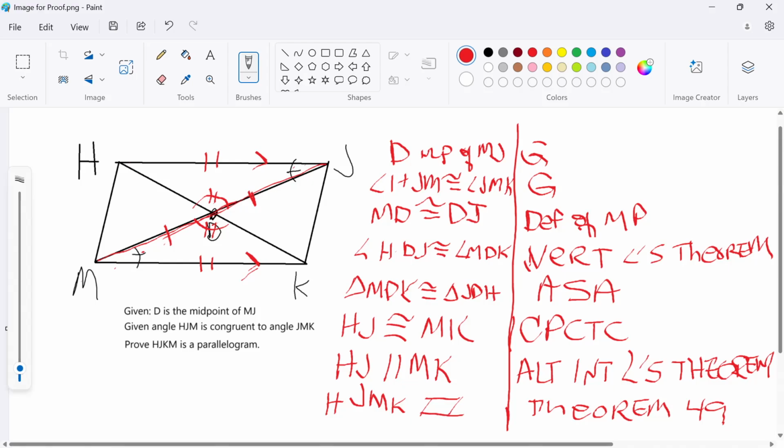And that's by Theorem 49, which states that if one pair of opposite sides is both congruent and parallel, then the quadrilateral is a parallelogram. So again, I don't know what number it is in your class, but it says if opposite sides are congruent and parallel, then it's a parallelogram. So there it is. There's the proof that is needed for this situation.